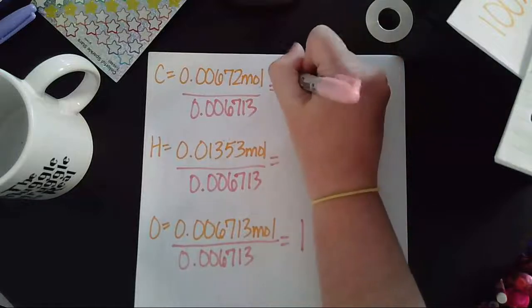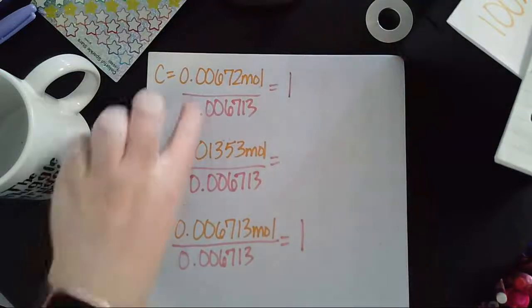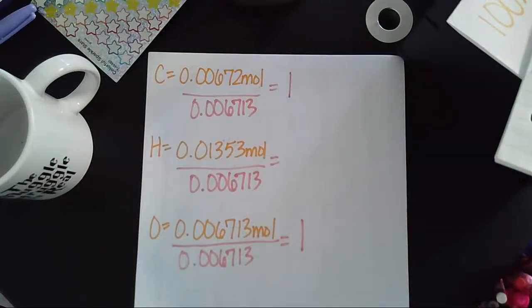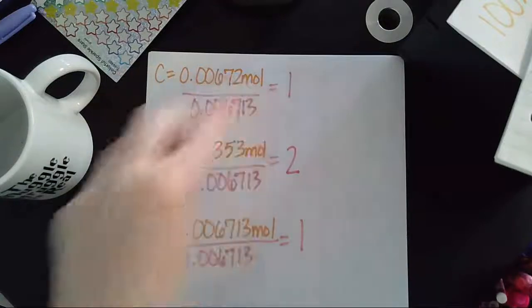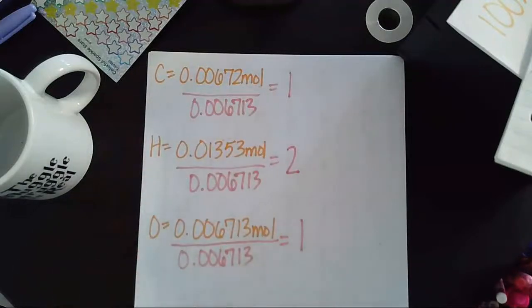So it's 1, which we could kind of see. And then 0.01353 divided by 0.006713. And I get 2. So this set of numbers right here, C equals 1, H equals 2, O equals 1, end up being my answers for step number 2.